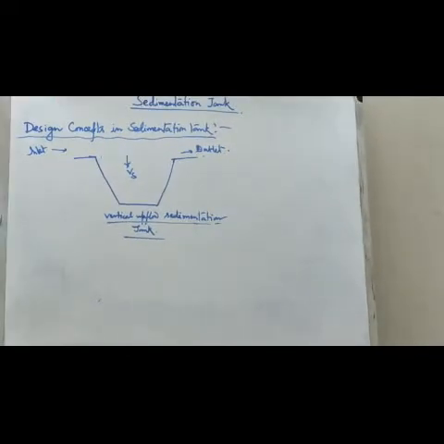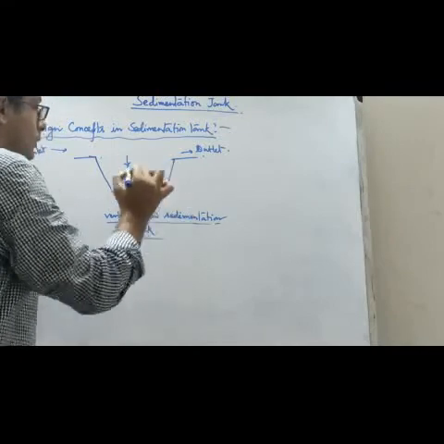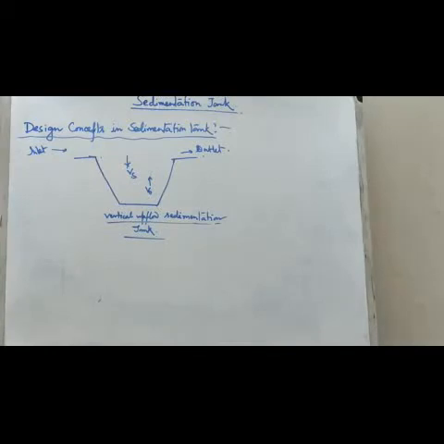As the particle settles down, the water rises in the sedimentation tank, and this rise of water is the surface loading rate, or surface overflow rate, or overflow velocity. Evidently, if the particle is to be removed from the bottom of the tank and not go out in the clarified water, then the particle settling velocity must be greater than the rising liquid velocity.